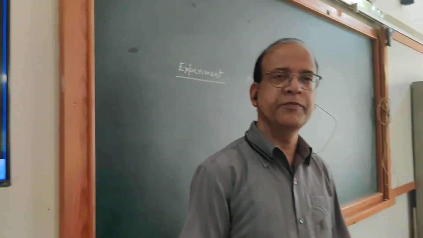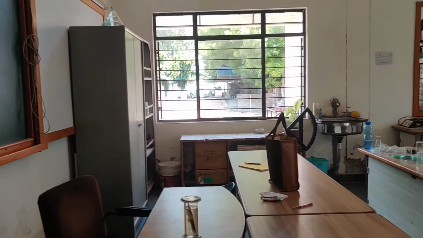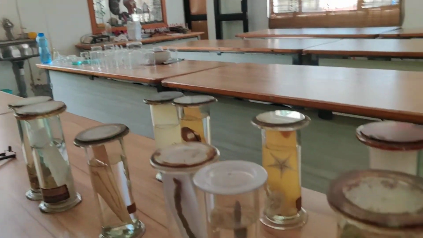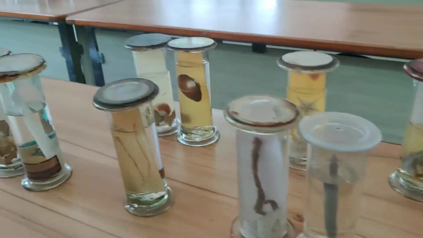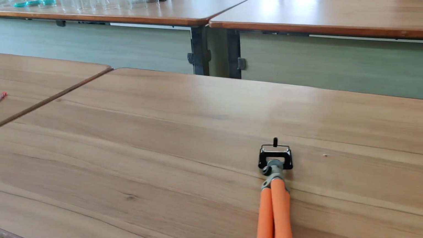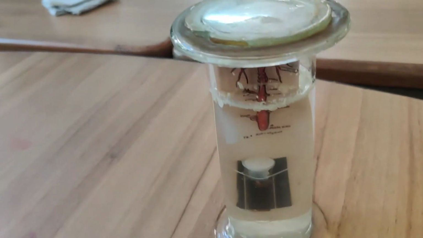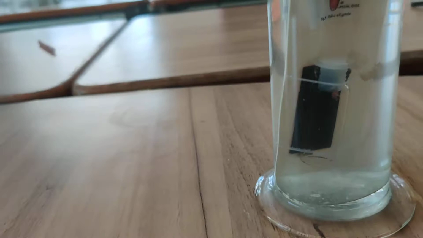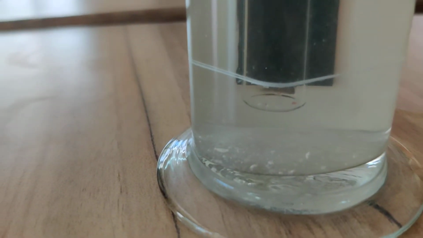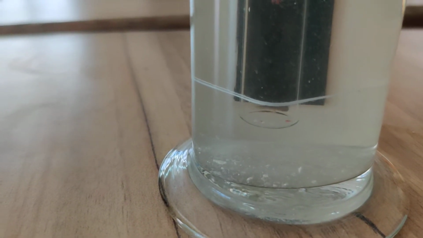Now I am showing you some more specimens which belong to the animal kingdom, like hydra. I am showing you the first specimen of hydra here. This is hydra in this lower side. Here at the bottom you can see an orange colored structure.